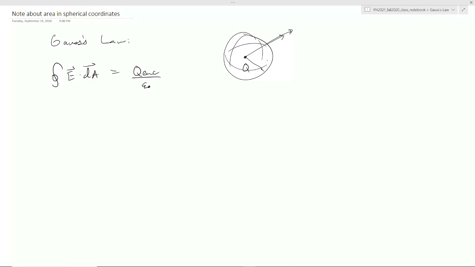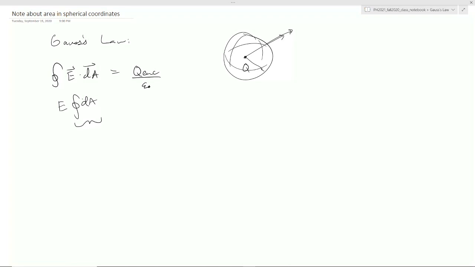So that means it's constant, so we can pull it out of the integral. So this becomes E times this integral over the area.